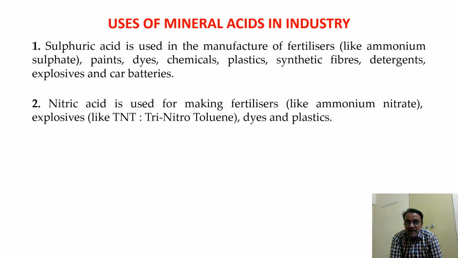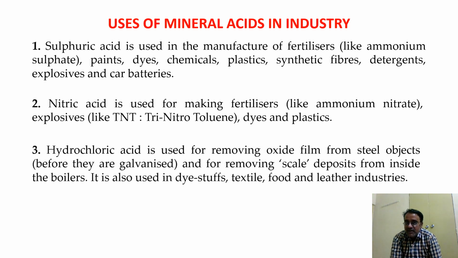The second one, nitric acid, is used for making fertilizers like ammonium nitrate, explosives like TNT, that is trinitrotoluene, and dyes and plastics. The third one, hydrochloric acid, is used for removing oxide films from steel objects before they are galvanized and for removing scale deposits from inside the boilers. It is also used in dye stuffs, textile, food and leather industry. So these are the uses of mineral acids in industries.